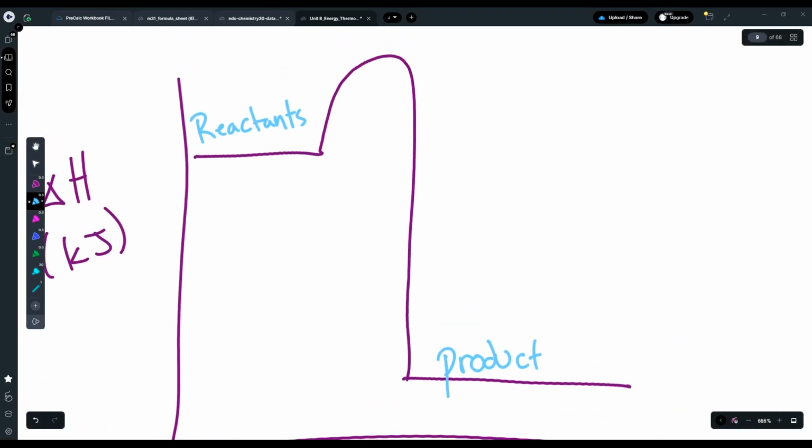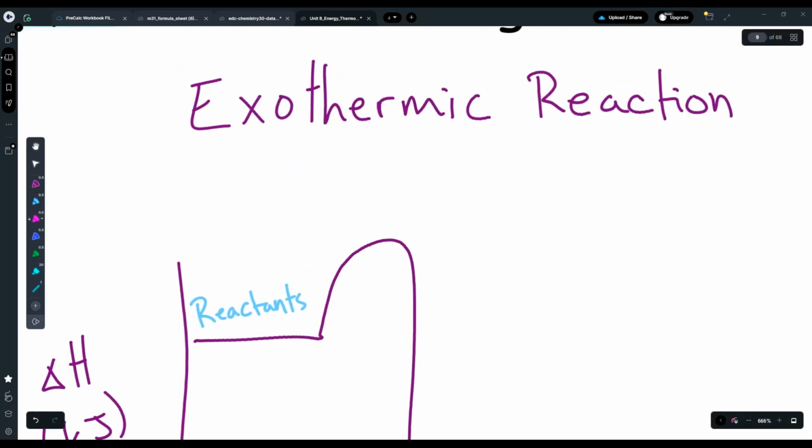So keep in mind, I'm just using the words reactant and products just because this is a general exothermic reaction. If I knew exactly what the reaction was, I would be putting exactly what the reactants are, exactly what the products are. Okay. So in this exothermic reaction, a little bit of energy is being gained in order to break the bonds.